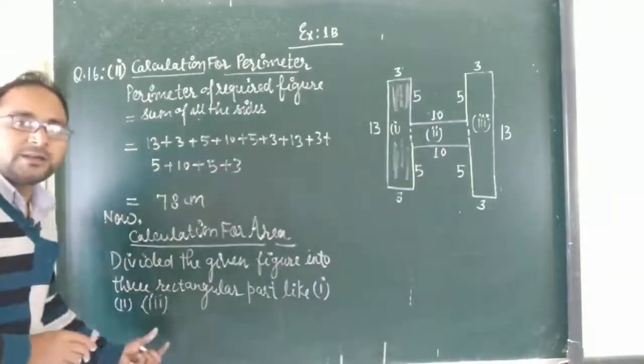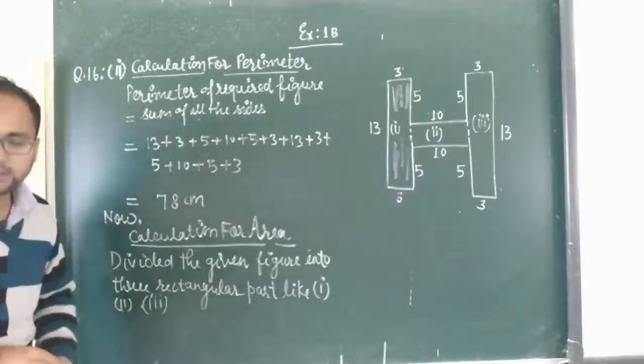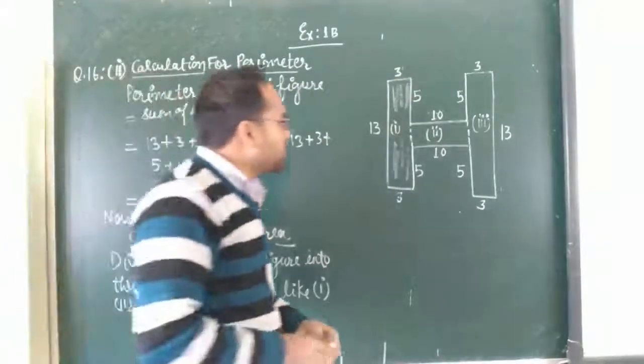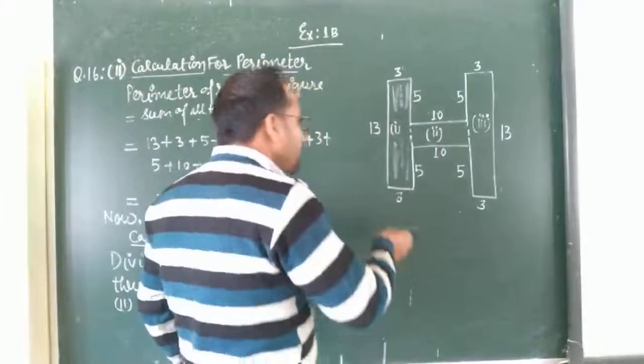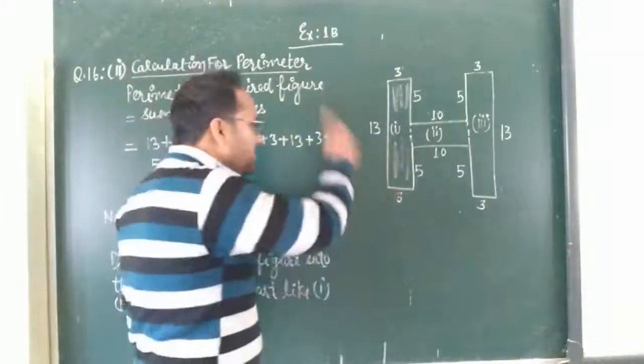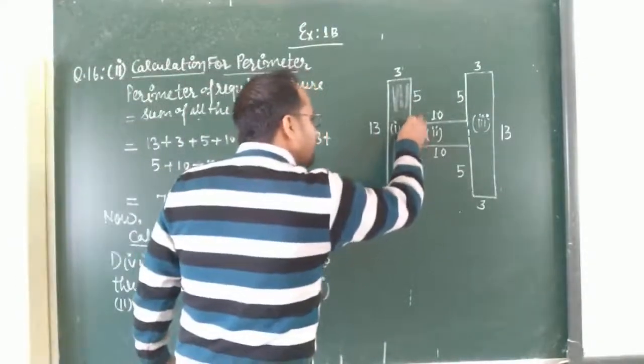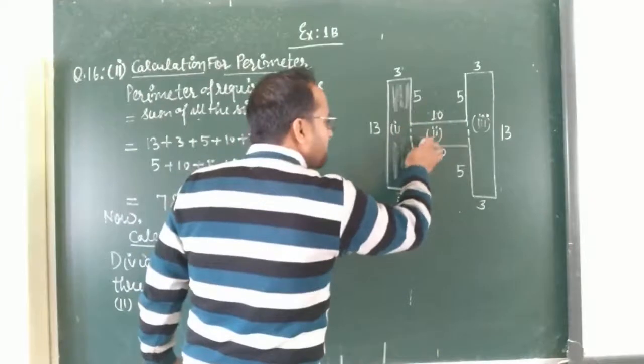Then it is important to find the length and breadth of each part, because all are rectangles. So for the first figure, can you tell what the breadth of this figure is?